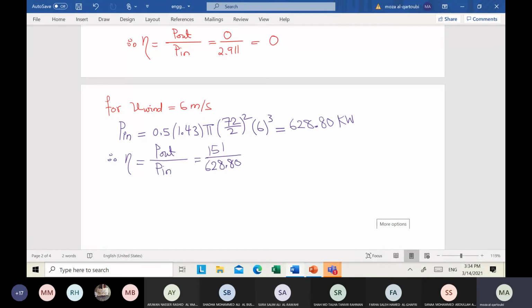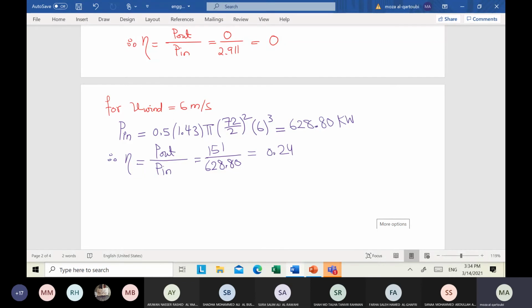Pn should always be greater than P out. The value is given here as a fraction, so it equals 0.2401, about 0.24.